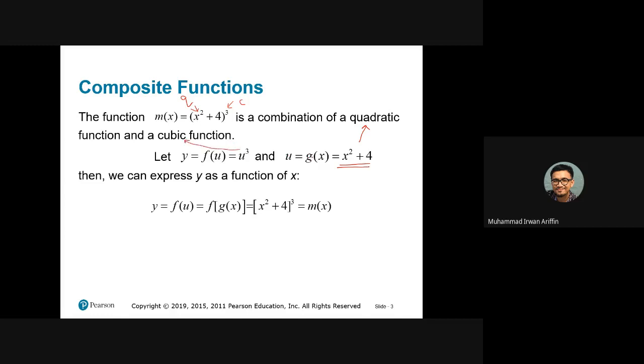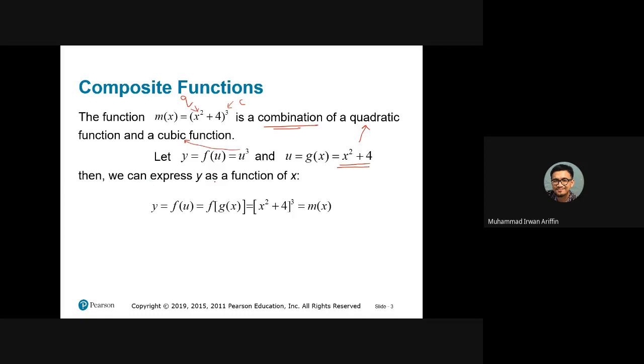So this function g of x, which we have defined as u, is nested inside this function f. So this is a composite function. It consists of different functions all combined. The keyword here is combination.